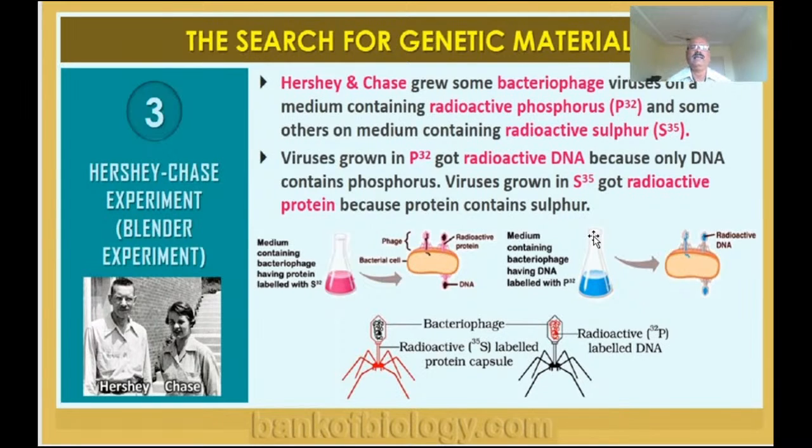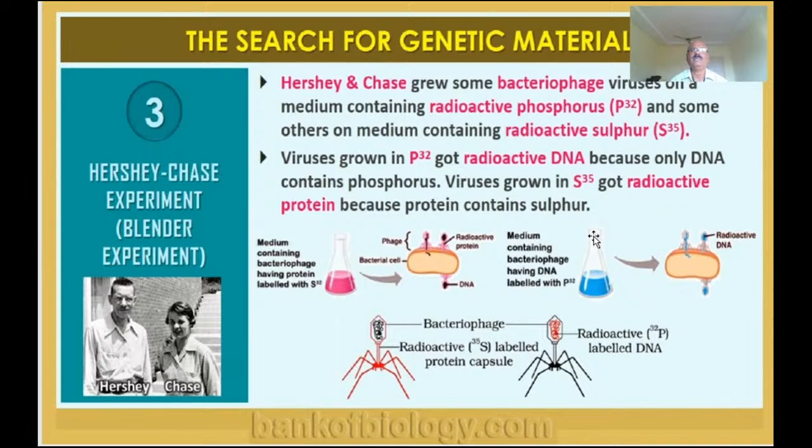So Hershey and Chase grew some bacteriophage viruses on a medium containing radioactive phosphorus and some others on a medium containing radioactive sulfur. Viruses grown in P32 got radioactive DNA because phosphorus is the structural element in DNA, because only DNA contains phosphorus.